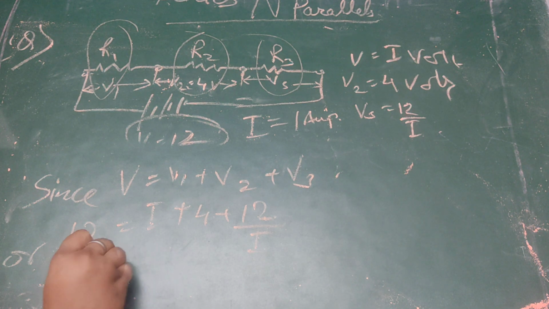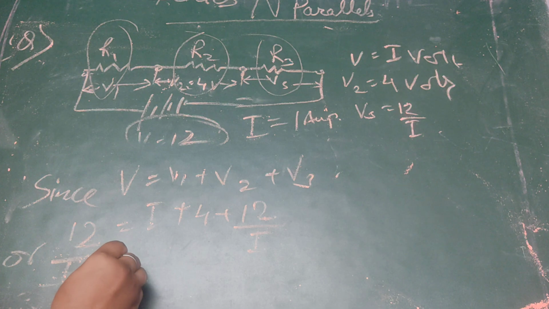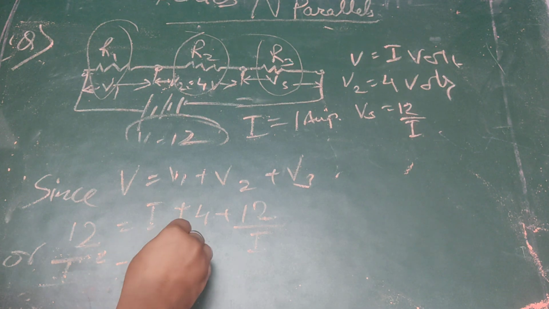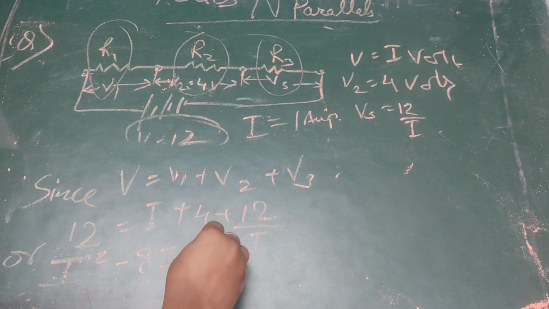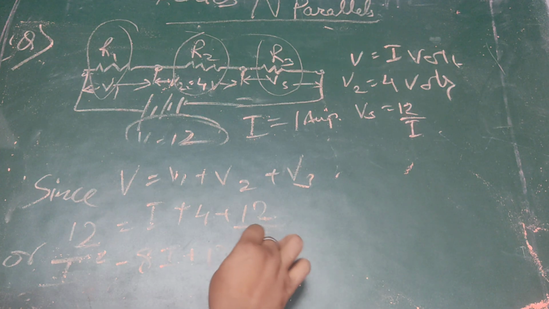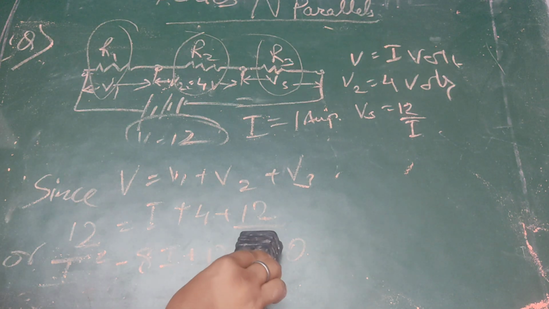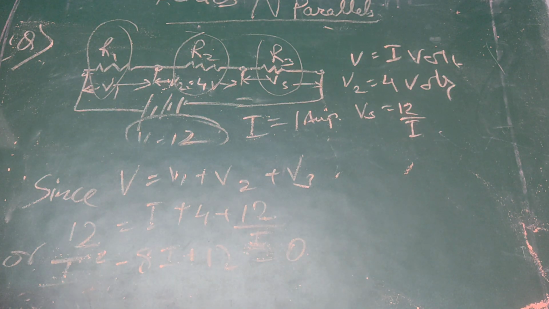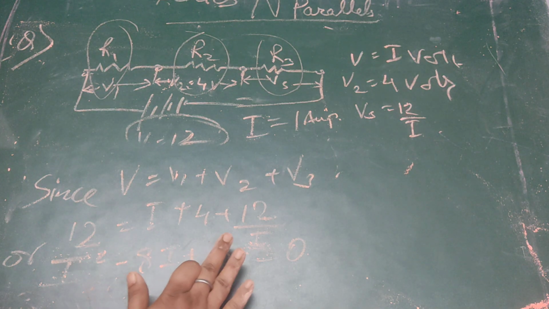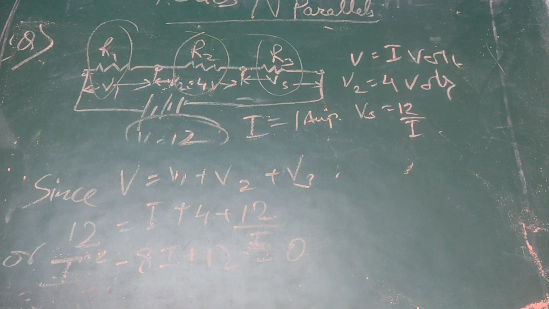I'm not having that much space to elaborate. It equals, so what will we get? I squared minus 8I plus 12 equals 0. This is a quadratic equation.